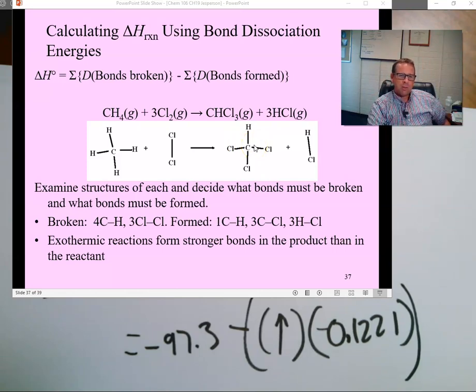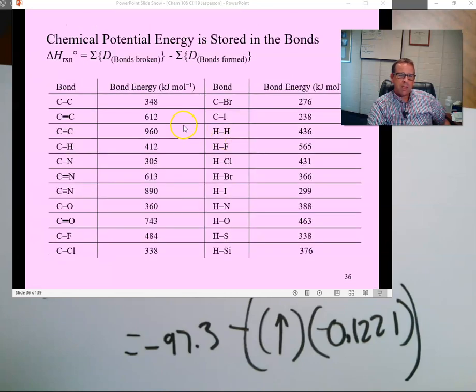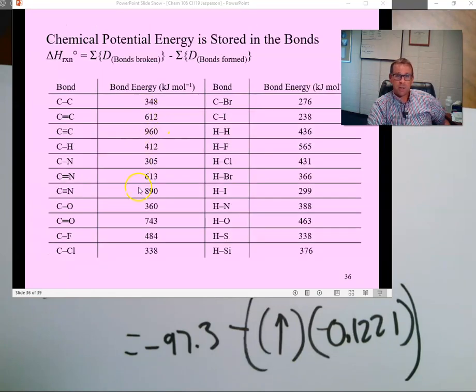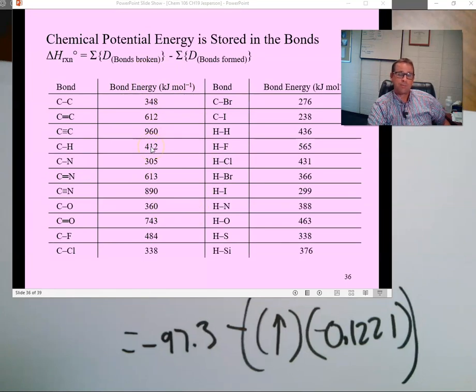The one thing we do have to do is recognize that because our bond energies are positive here, it's talking about the energy necessary to break the bond. So when we look at this, it's not going to be products minus reactants. It's going to be reactants minus products, because we're talking about positive values here, or the energy necessary to break these bonds.